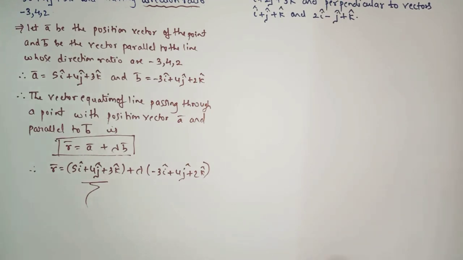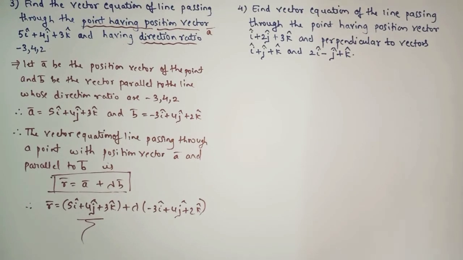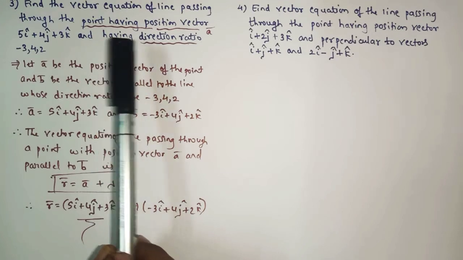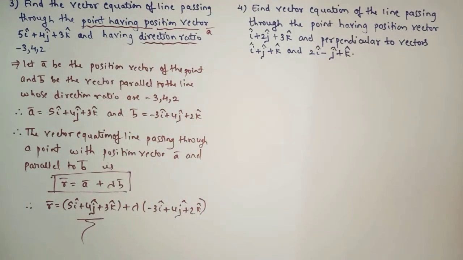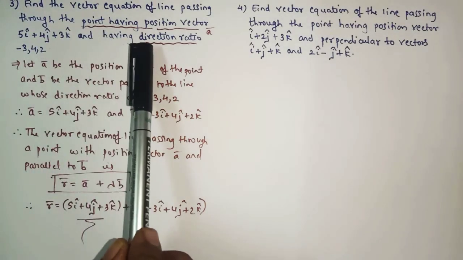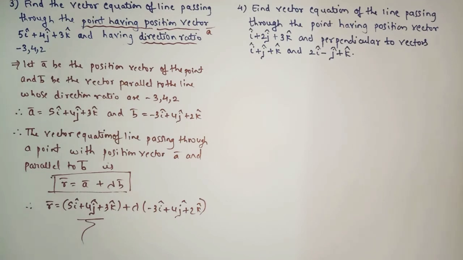I hope you all understood the third sum also. So the change was, in place of vector parallel, they used the words having the direction ratio, and the rest of the part was the same. Passing through the point we took A bar, and for the direction ratio minus 3, 4, 2 we took B bar.